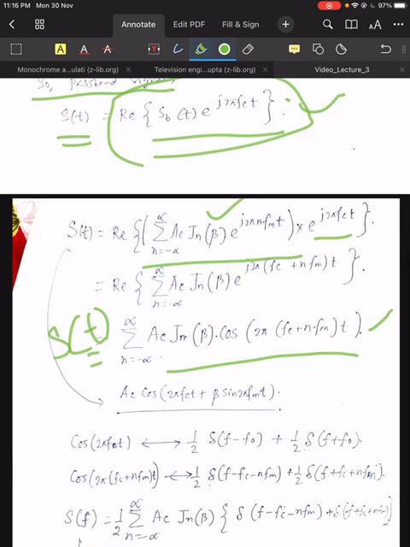This way you can find the time domain expression, which is very convenient for computing the spectrum.